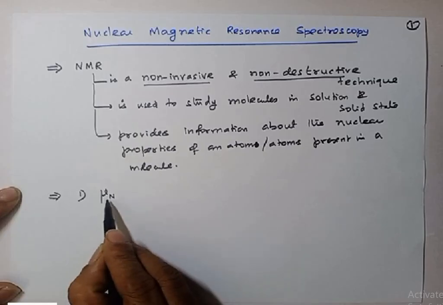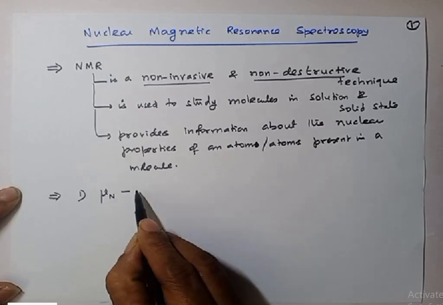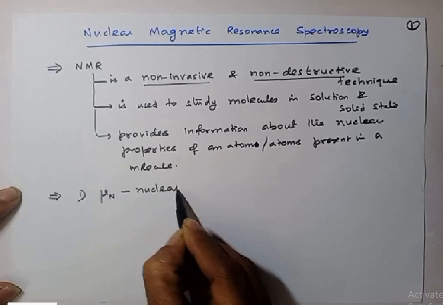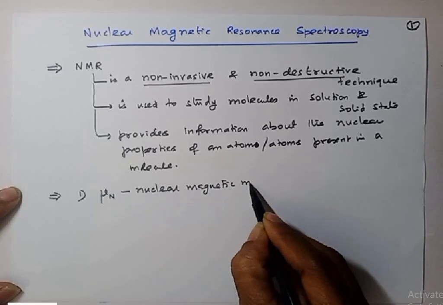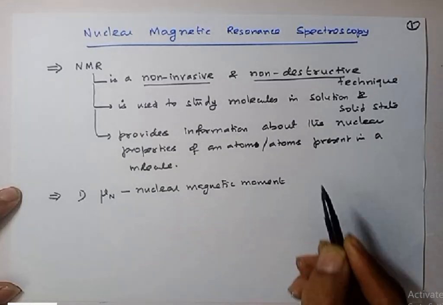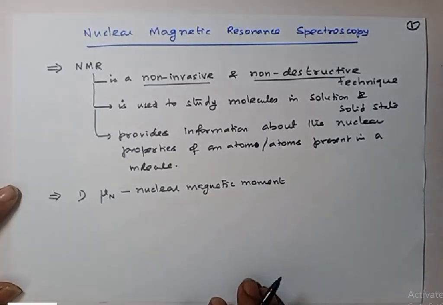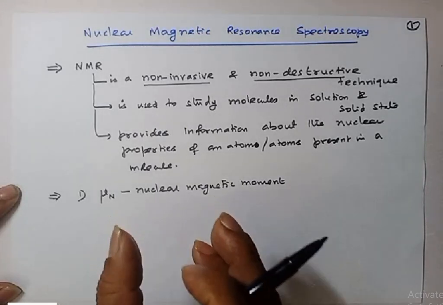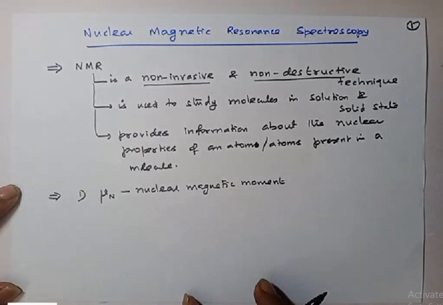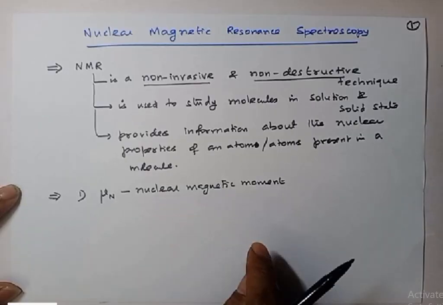We represent this shortly as mu(n). What is mu(n)? Nuclear magnetic moment. We are going to discuss this in a detailed manner, but right now I'll just introduce you to the term. mu(n) means nuclear magnetic moment.